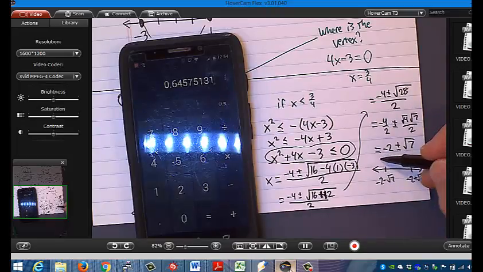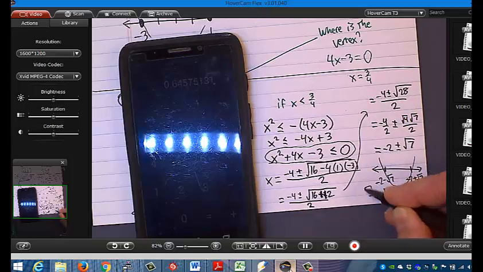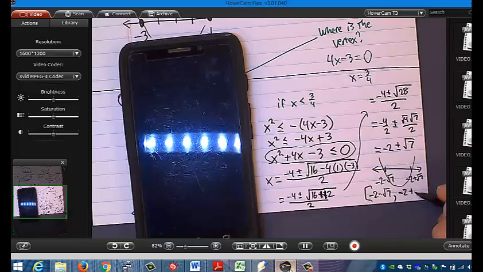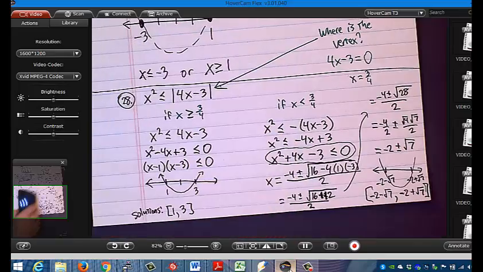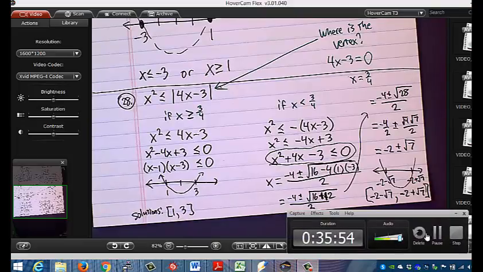Again, this is a parabola opening upward. So in between here, in between negative 2 minus the square root of 7 and negative 2 plus the square root of 7. Okay? Wow. So everything between 1 and 3, and everything between negative 2 minus the square root of 7 and negative 2 plus the square root of 7.